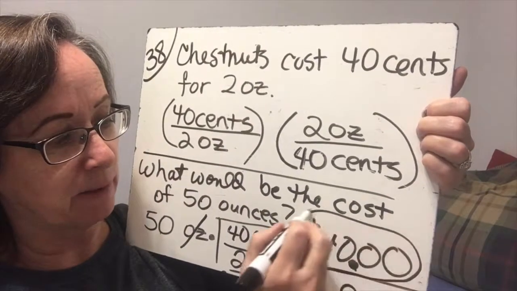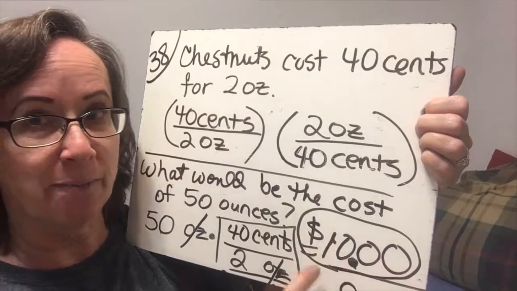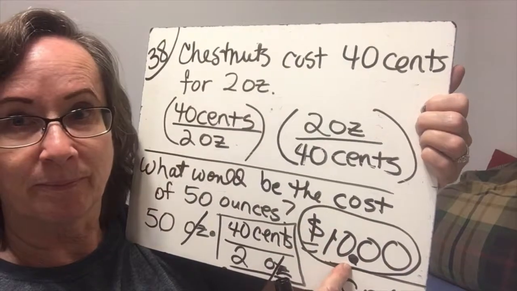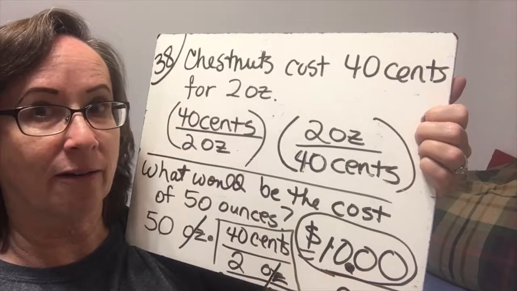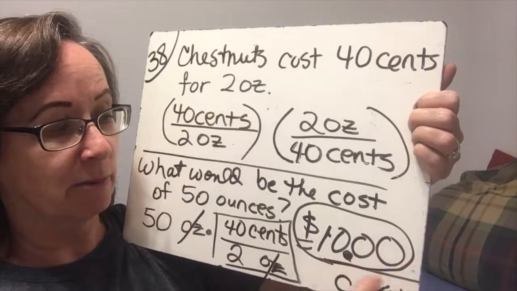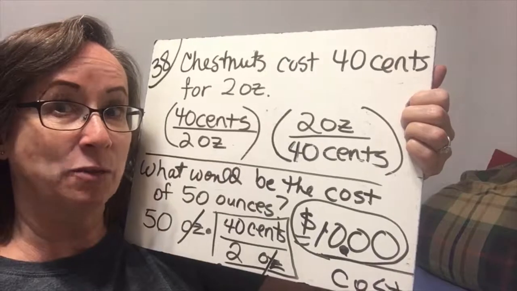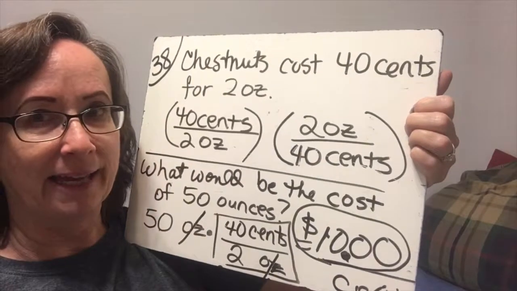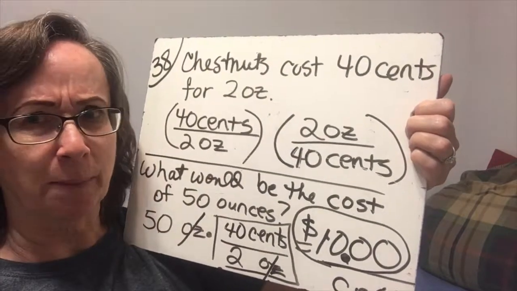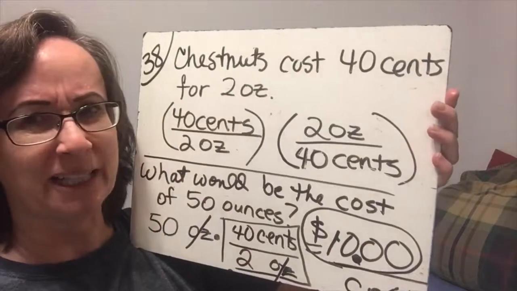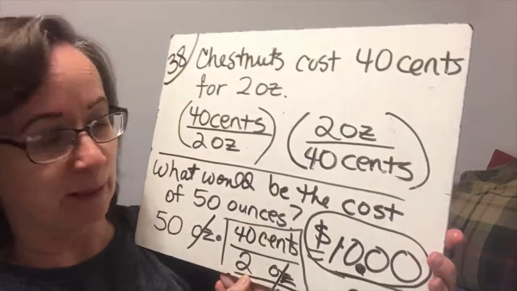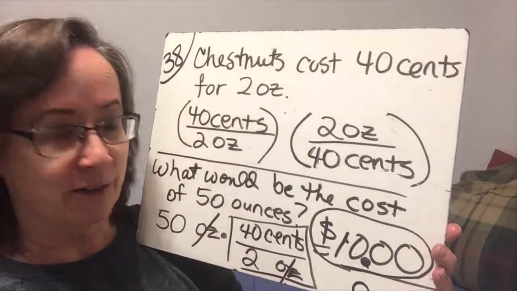So we put a decimal, and that decimal we divide by 100 because there are 100 cents in $1. So we move the decimal 2 places over. $10 is the same thing as 1,000 cents. And when we get into big numbers, we don't talk about cents, right? We only really talk about cents when we have small numbers. Then we go to dollars.